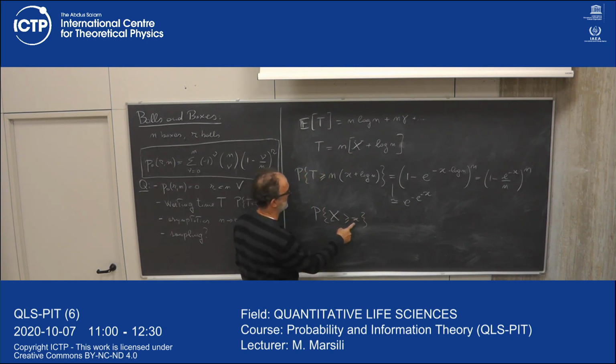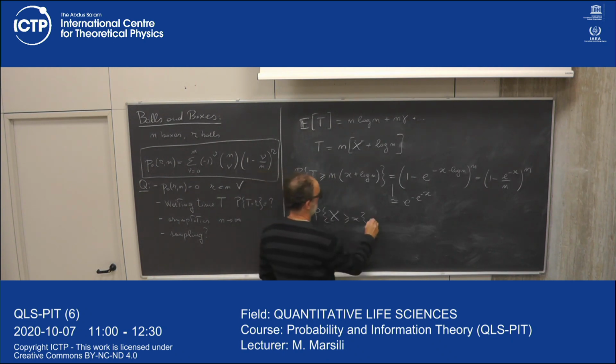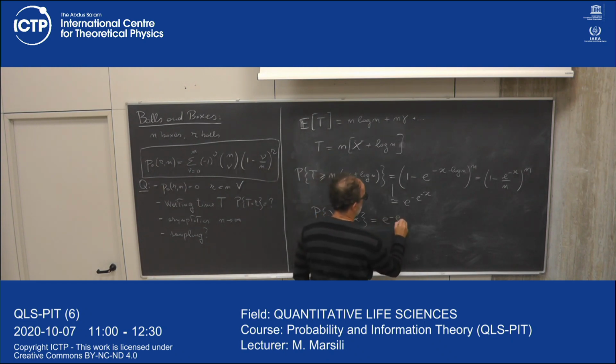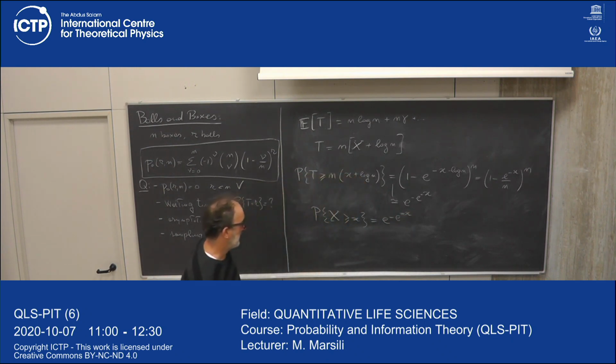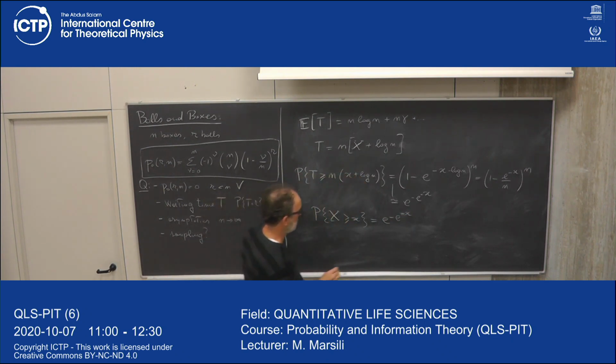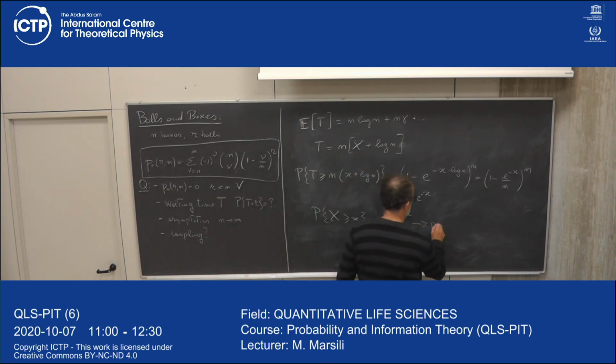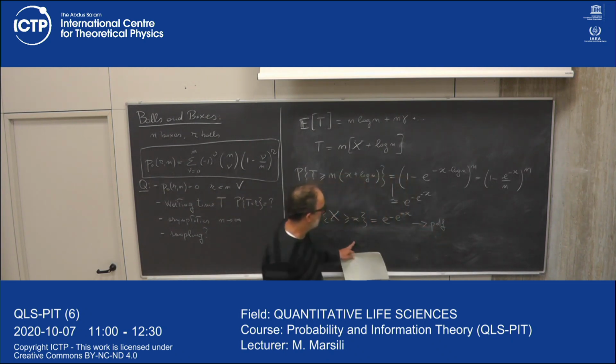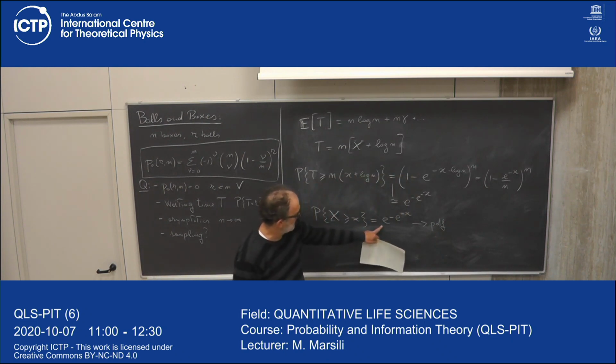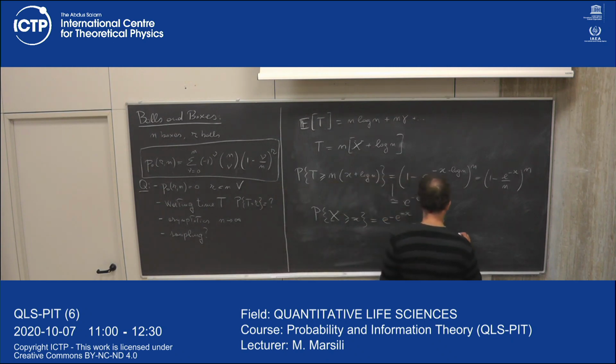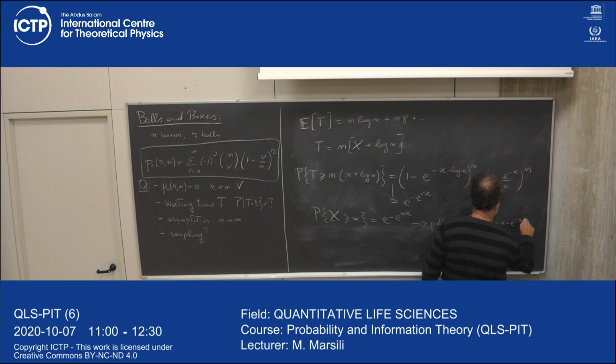So the probability that x is larger than this is equal to the probability that t is larger than this, and this is e to the minus x. And so the PDF of this distribution is just what I get by taking a derivative of this, and it's given by e to the minus x minus e to the minus x.